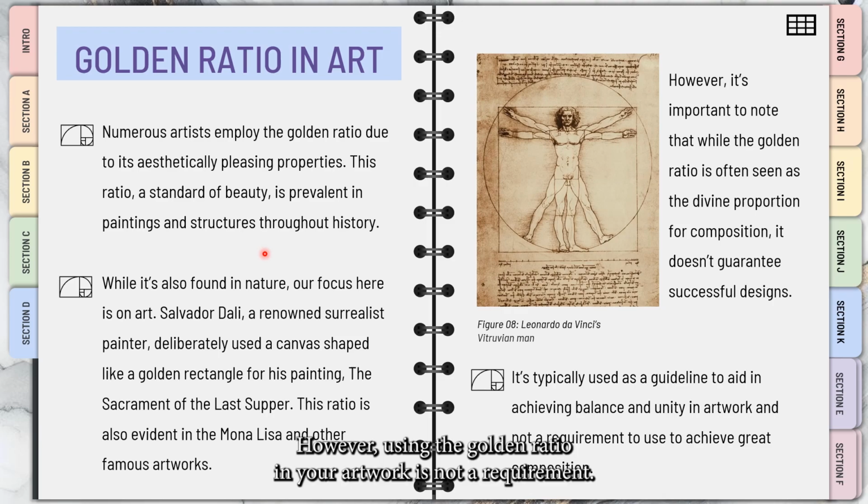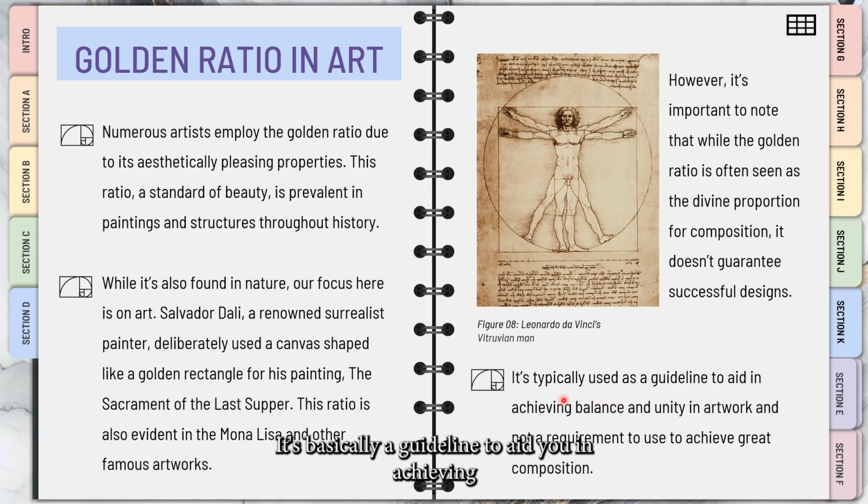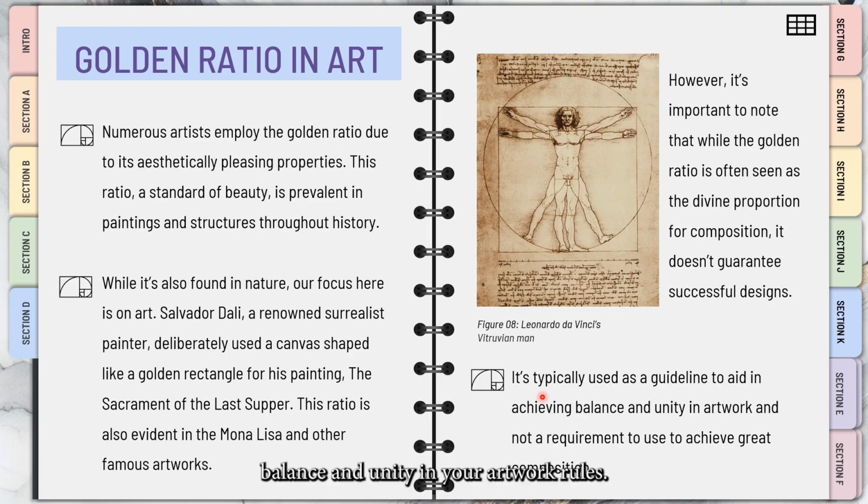However, using the golden ratio in your artwork is not a requirement. The golden ratio is often seen as the divine proportion for composition. However, it does not guarantee that you will have a successful design. It's basically a guideline to aid you in achieving balance and unity in your artwork.